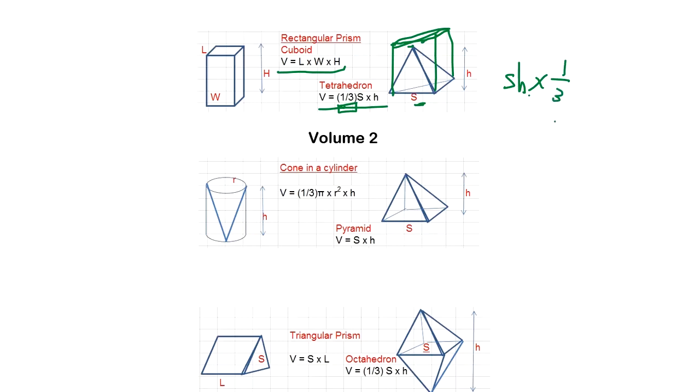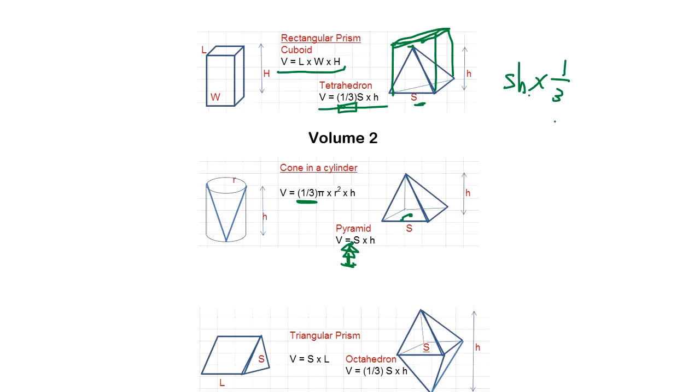Okay, for the volume of a cone in a cylinder, the cone gets 1/3 also. Kind of interesting, isn't it? And for the pyramid, V equals SH, where S is the bottom, and it needs a coefficient here.